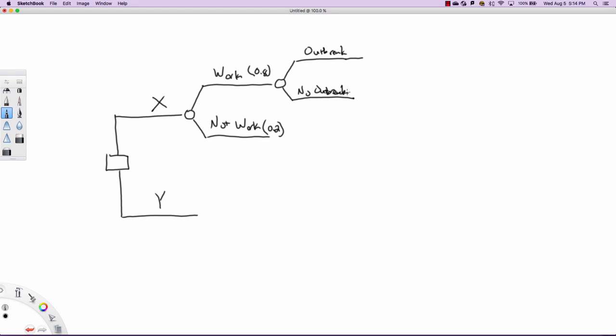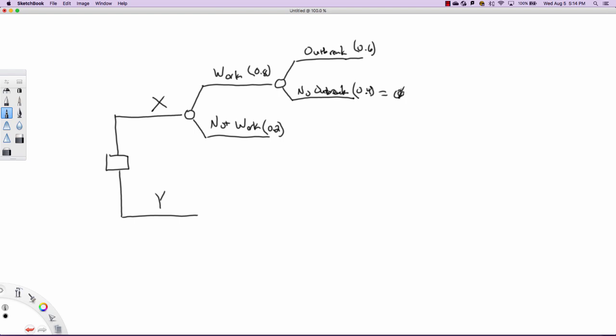Apologize for my handwriting on this. There's a probability for each of these as well: 0.4, a 40% chance that there's no outbreak, leaves us with 0.6, a 60% chance that there is an outbreak. So drug X might work, but if there's no outbreak, then there's no one to save.